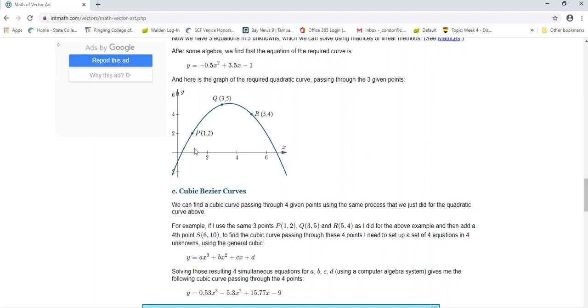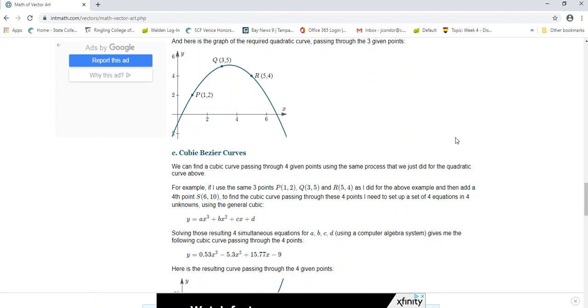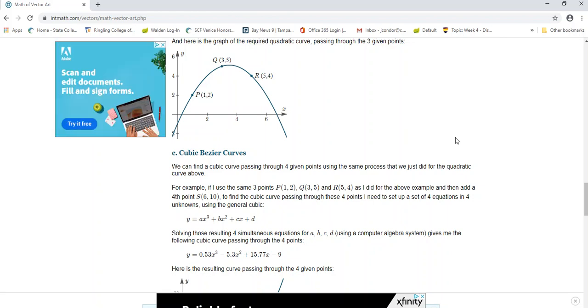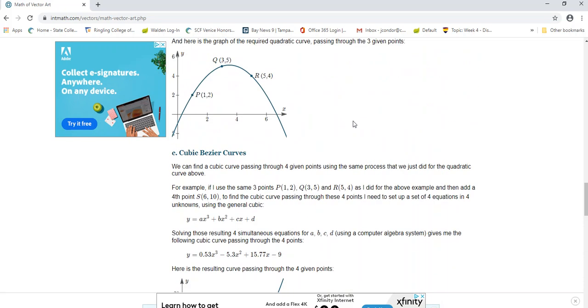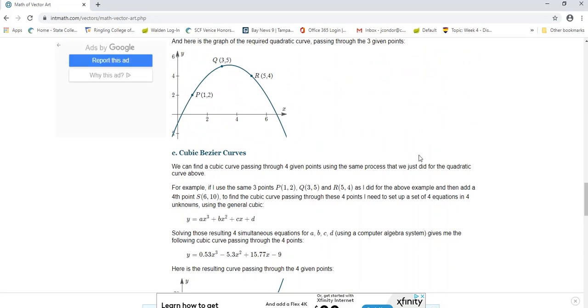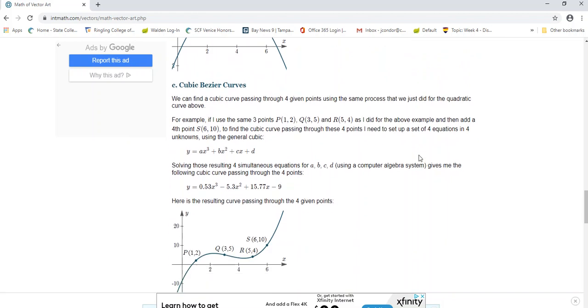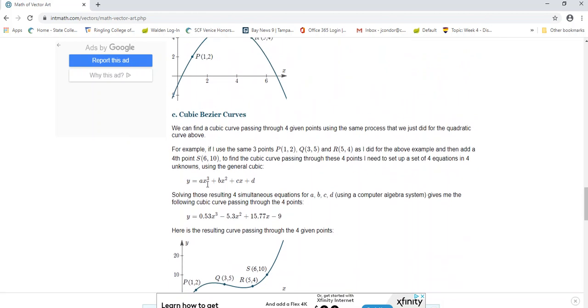All right, so curves, those are good. They're good, but they're not enough. Okay, we can't really get some really good curves yet. We need to go one more. We need to talk about cubic Bezier curves. Well, to define cubic Bezier curves, or a third degree polynomial, which is what we have right here, we need 4 points.